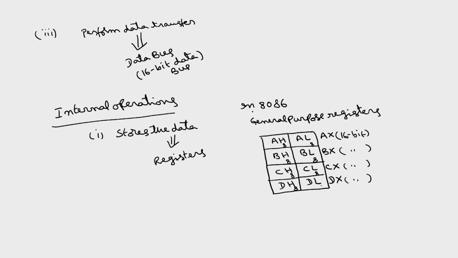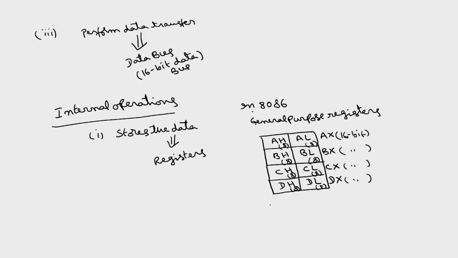Similarly, here and here. So, this 8 represents the size of this particular register. For 8 bit operations, we will use AH, AL, BH, BL, CH, CL, DH, DL, whereas for 16 bit operations, we will use AX, BX, CX, DX.